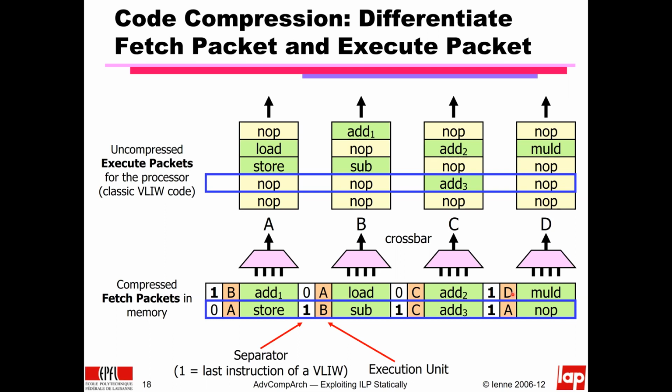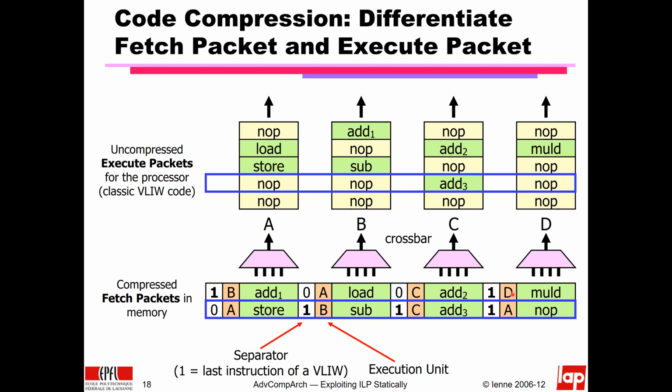Okay, I start doing something, but it's not a terrible job to do, right? It's just a bit of steering. Well, steering is a bit costly because the crossbar is costly, especially if I don't have 4 units but I have 16 units. It's going to be a bit rougher, but it's feasible, right?